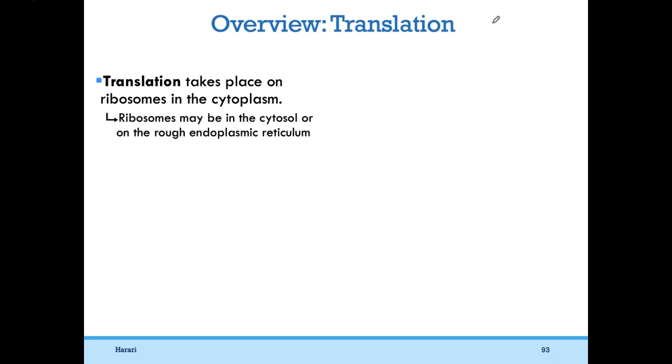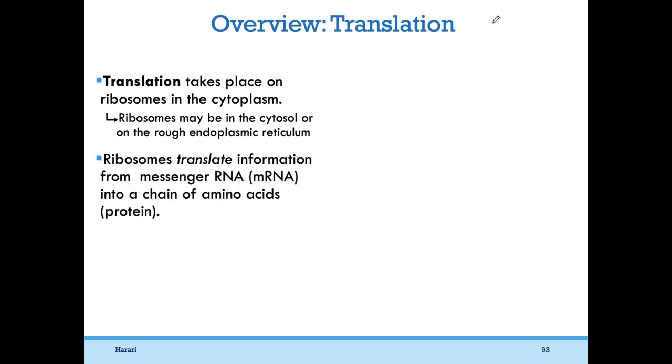We remember from chapters 4 and onward that ribosomes may be in the cytosol, like floating around in the cytoplasm, or on the rough endoplasmic reticulum. And ribosomes can translate information from mRNA into a chain of amino acids. So what we're doing is we're translating one form of information in RNA nucleotides into a different language, right? It's a language of amino acids.